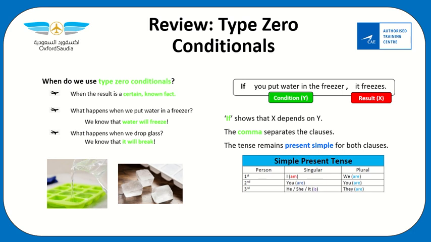There are 2 clauses here: if you put water in the freezer, and it freezes. The tense remains in present simple for both clauses. I am, you are, he, she, it is. So for type 0 conditional: am, are, is.